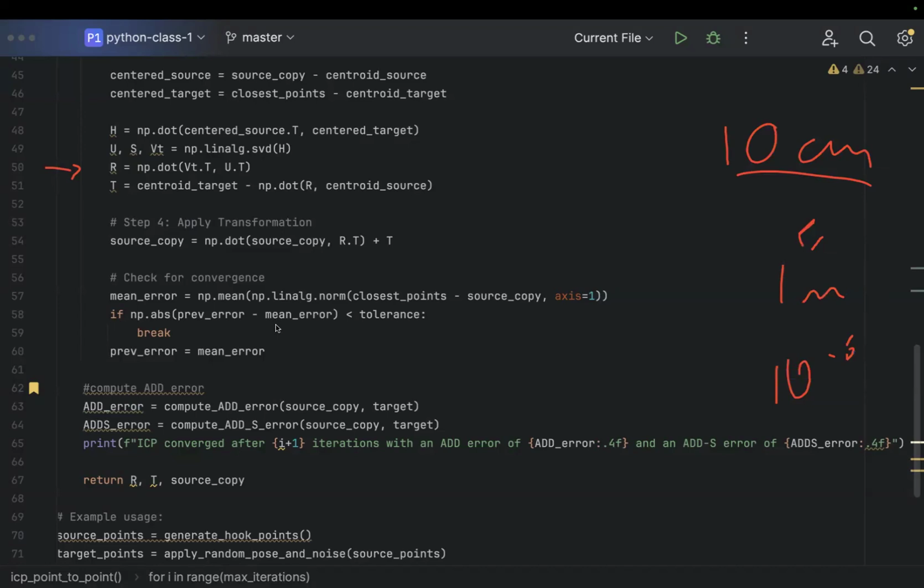If the mean error is greater than the previous error or around the previous error, let's say if I go from 1 meter to 1 meter, right, I break, because I'm checking the difference between the two. If I go from 1 meter to 2 meters, I don't break because I'm taking the absolute value.